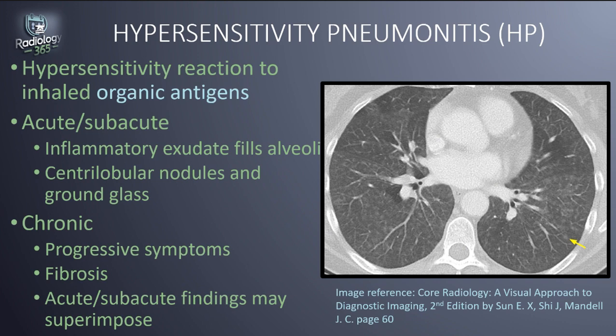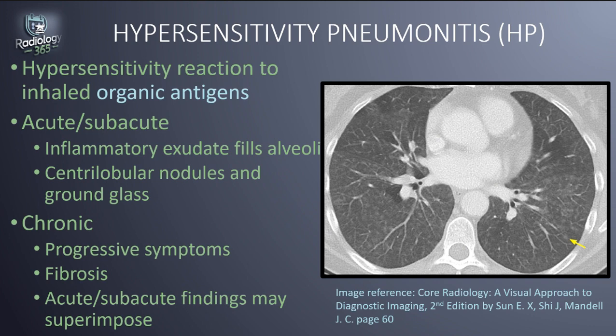The symptoms that a patient with chronic hypersensitivity pneumonitis would have would follow a chronic progressive course, or you may have multiple exacerbations. But whatever the case, the imaging would always show fibrosis, and this fibrosis is typically peribronchovascular.